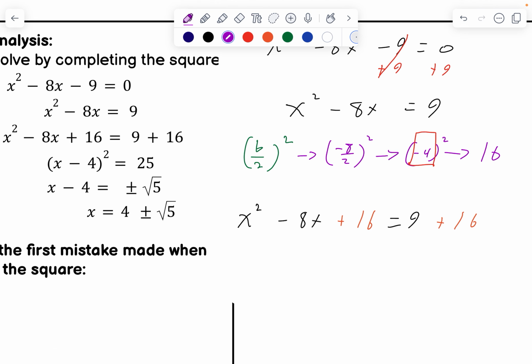And remember, we have a shortcut for factoring this. Even though we've practiced this before, you don't need to do the x game. You don't need to go that far. We can bring down a parentheses with the same variable, x, and the same number we have over here, minus 4 squared equals, and 9 plus 16 is 25.